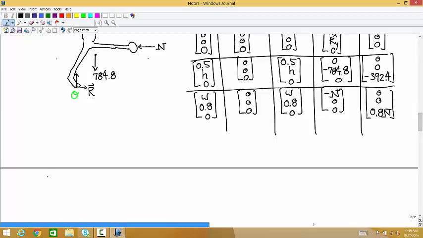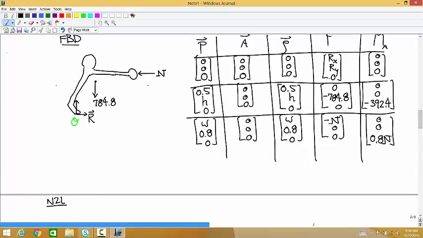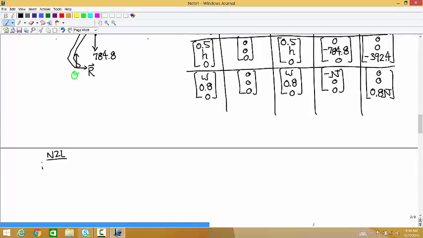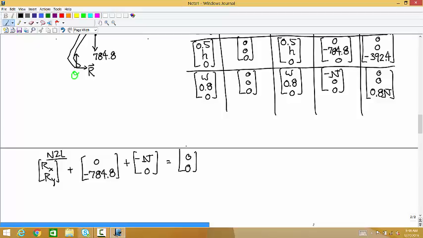Okay, so we'll write out Newton's laws. Newton's second law says Rx, Ry plus 0, negative 784.8 plus negative N, 0 is equal to zeros.